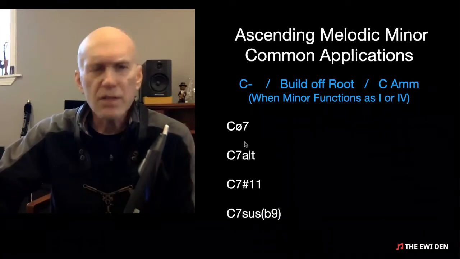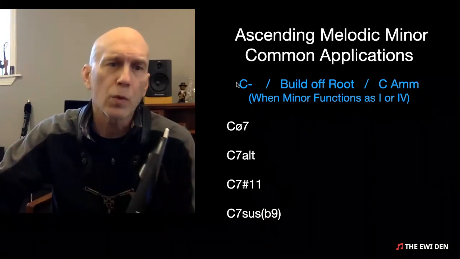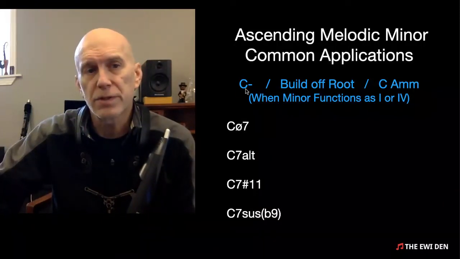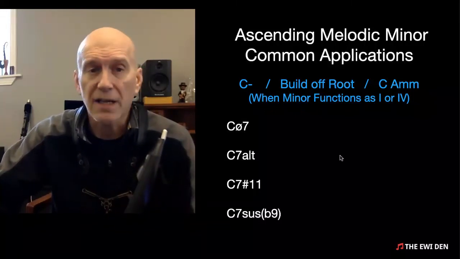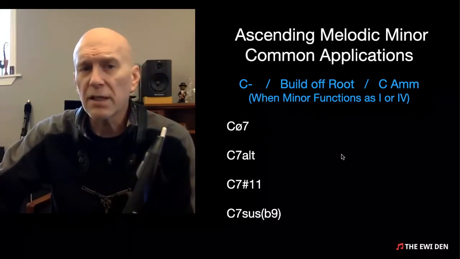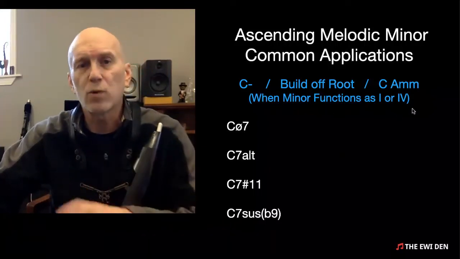So here are some common applications of ascending melodic minor. Today we're going to work on identifying when it's appropriate to use ascending melodic minor over a minor. It is ascending melodic minor, so you would think you could use it over a minor. But basically it works best if that minor is functioning as a 1 or a 4 in a key center.